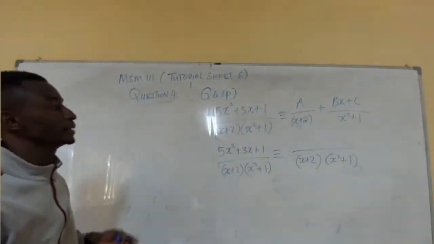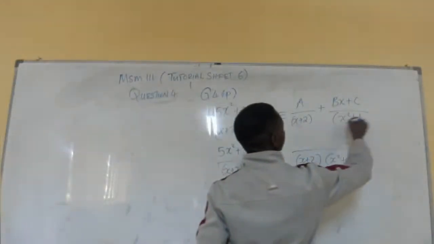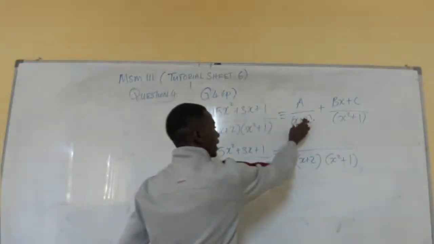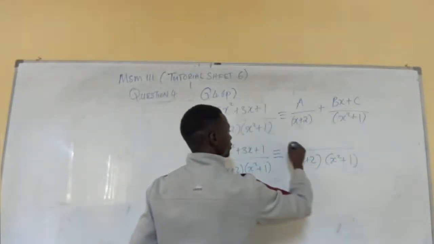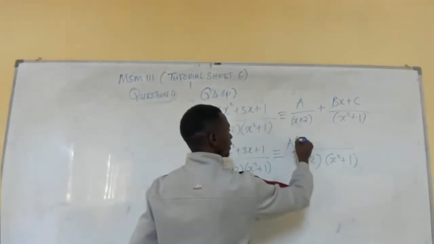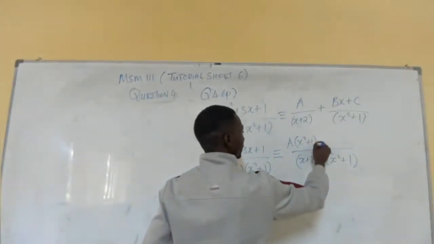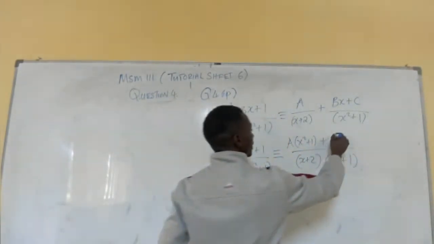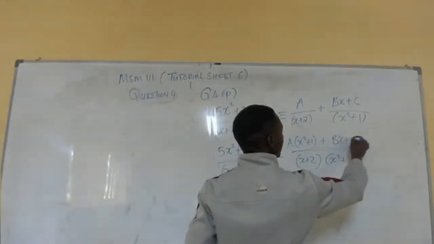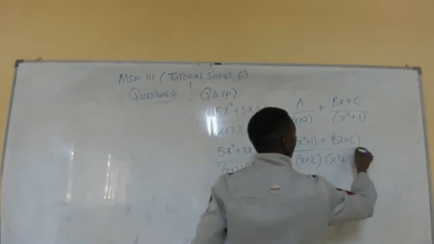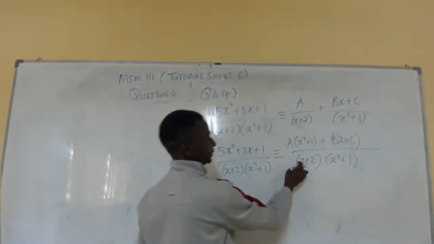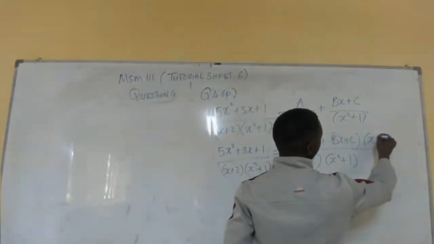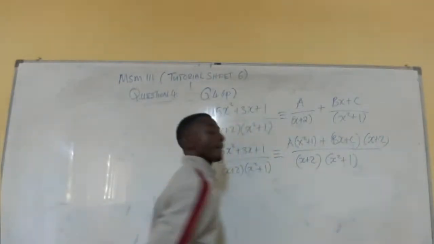So now from there, x plus 2 into that, you remain with x squared plus 1. So it's a times x squared plus 1 plus bx plus c. This into that, you remain with x plus 2.